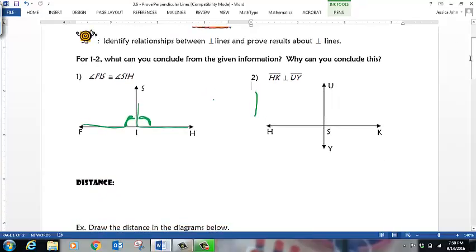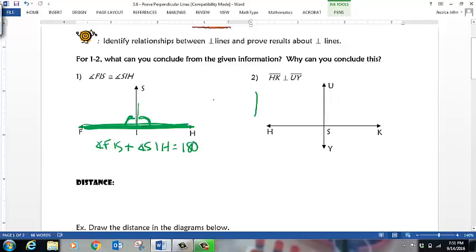Well, if they are congruent and they form a straight line like so, that means they're a linear pair. So that means that angle FIS plus angle SIH, their measures have to equal 180.